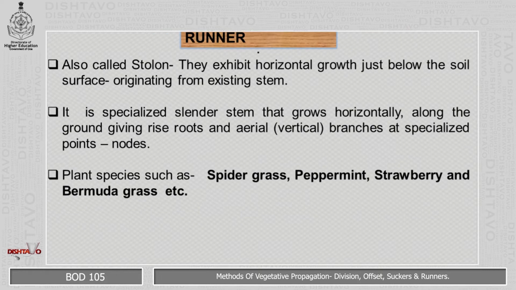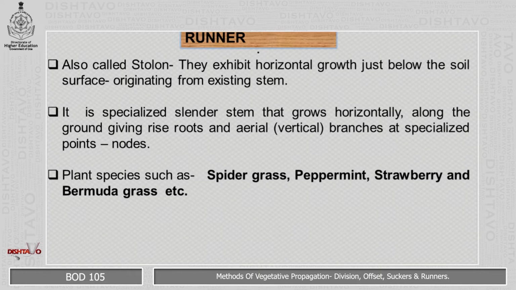First we will see about runner. Now this is also called a stolon. They exhibit horizontal growth just below the soil surface, originating from the existing main stem.